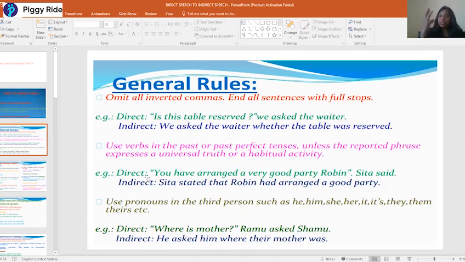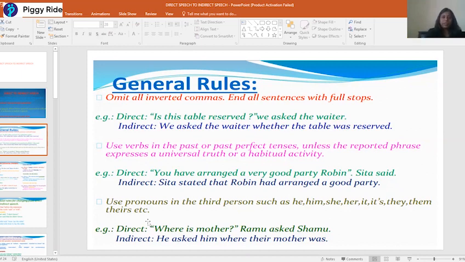Now, let's go to the third rule. Use pronouns in the third person, such as he, him, she, her, it, its, they, them, etc. So we have to use pronouns like he, him, they, them, their, she, as in the third person.